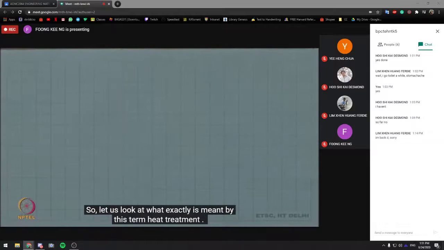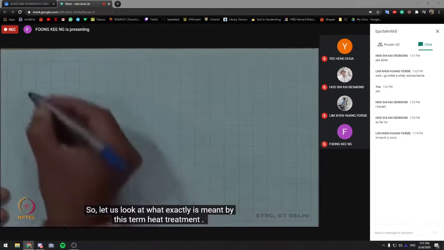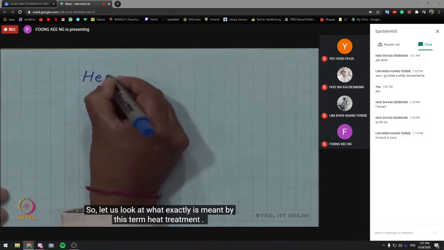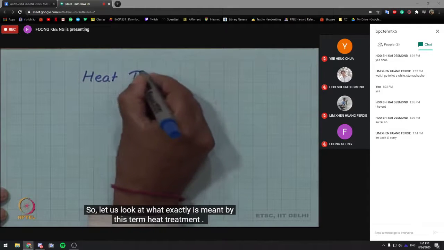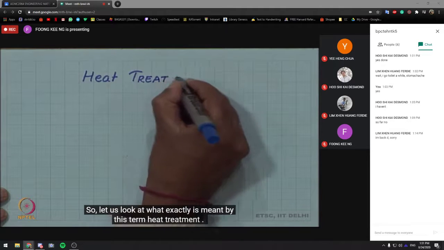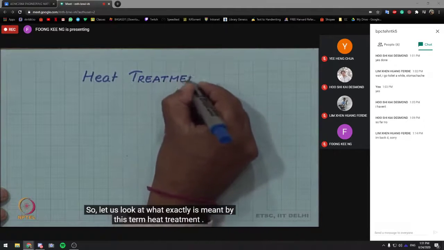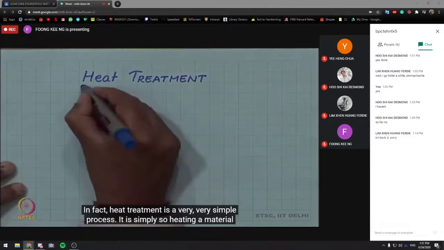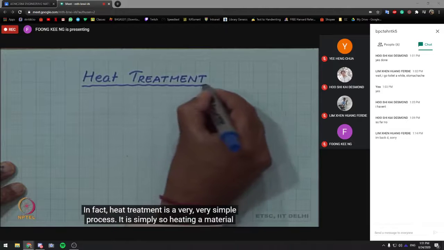So let us look at what exactly is meant by this term heat treatment. In fact, heat treatment is a very, very simple process.